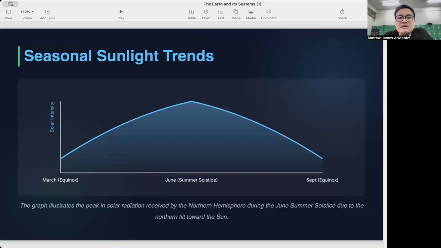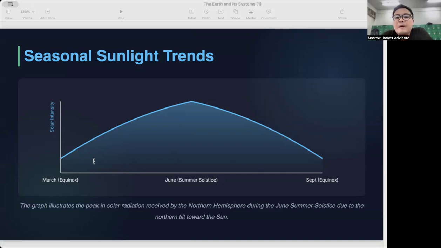Let's go to the seasonal sunlight trends. As you can see in this chart, during June, the northern hemisphere is tilted toward the sun. This means we get direct sunlight, which is much hotter and lasts for more hours in the day. That is the summer.